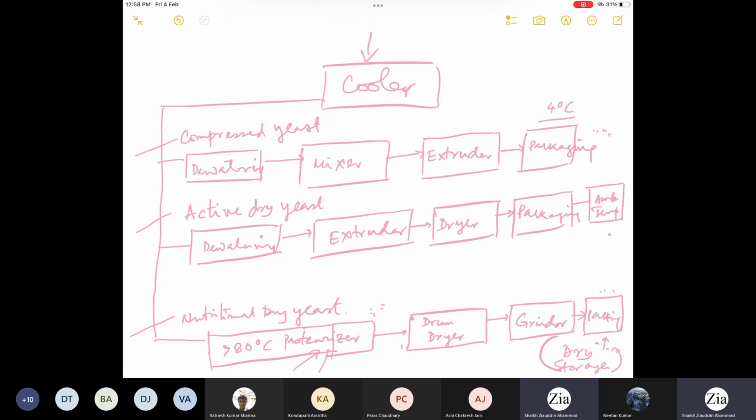Then you break the cell wall, do drying, crushing, grinding, and finally you use the extract powder. So in the last stage, for this nutritional dry yeast, you are not dealing with the live yeast cell. You will use yeast extract.